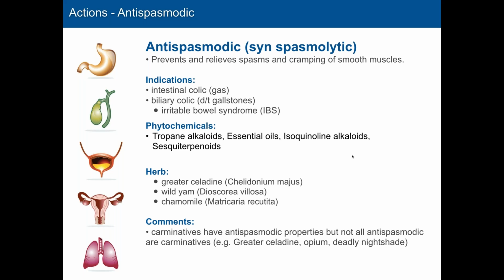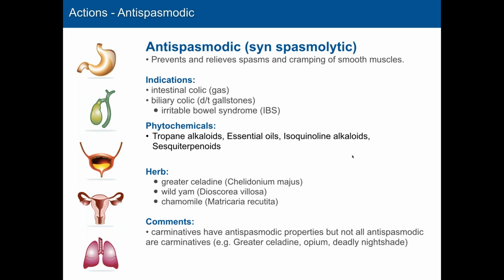Okay, so the take home for antispasmodics is they help relieve spasming and cramping of smooth muscles. It's not just limited to the intestinal tract and the biliary tract. It can be used for things in the respiratory, like a spastic cough. It can be used for menstrual cramps.